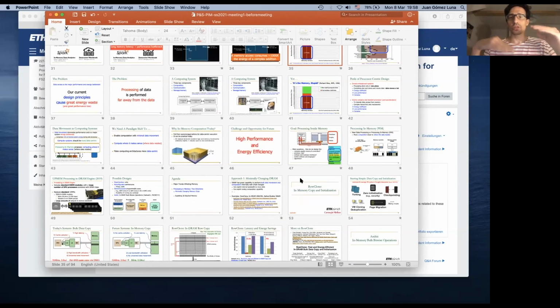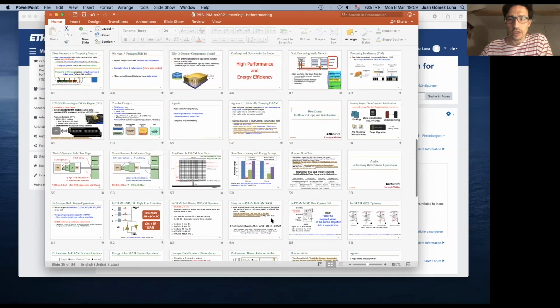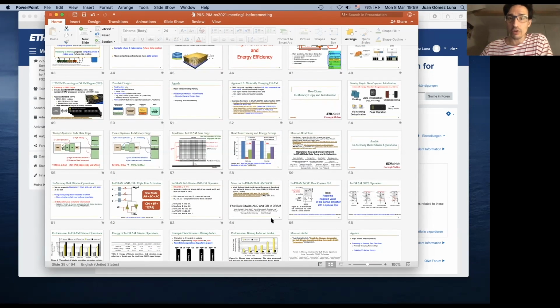We call the whole thing processing in memory, but we distinguish between processing near memory and processing using memory. These are two different approaches. They are all introduced in the lectures that we have already provided to you, and those readings.